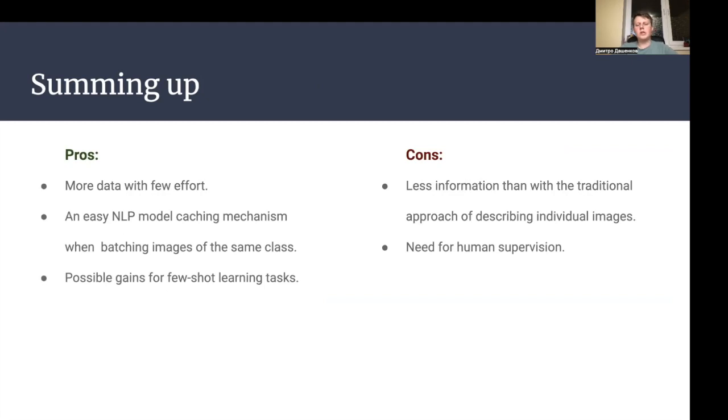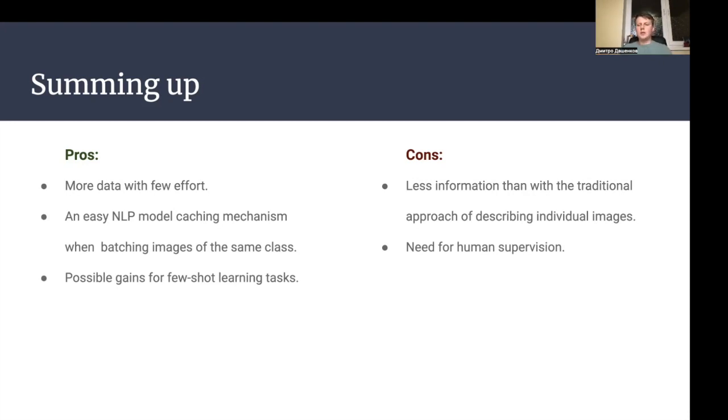To sum up, the pros of the approach that we are presenting here are, first of all, that we get more data, another dimension of data, the text dimension, with quite low effort compared to, say, human operators.